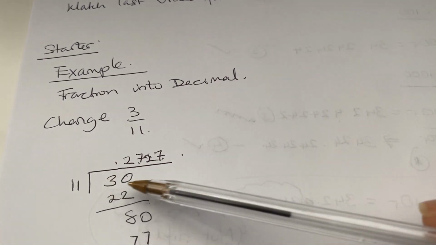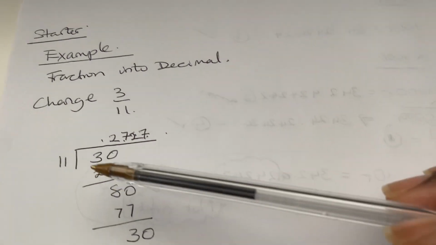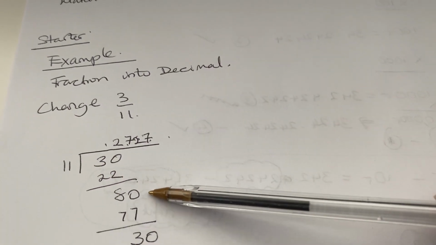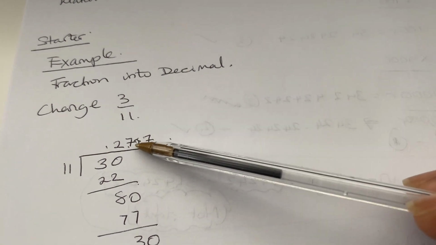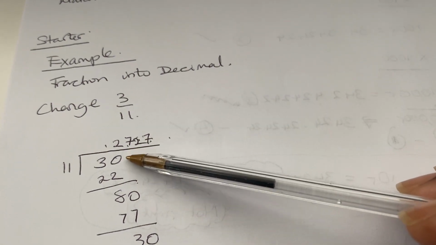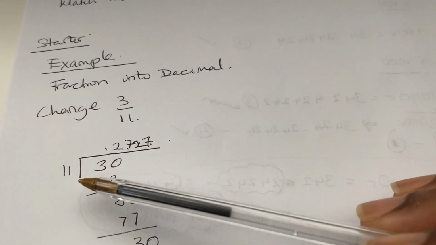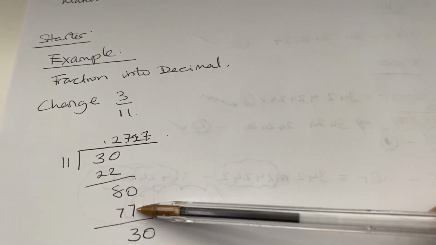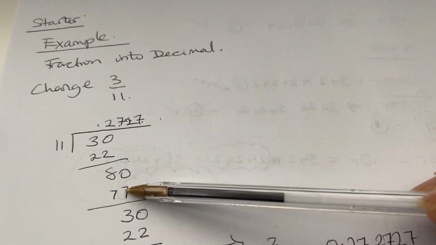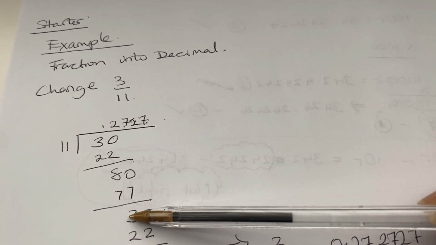Add 0 because 11 cannot go into 8. How many 11s do we have in 80? So the 7 is there. 7 times 11 is 77. When you subtract, you have 3.